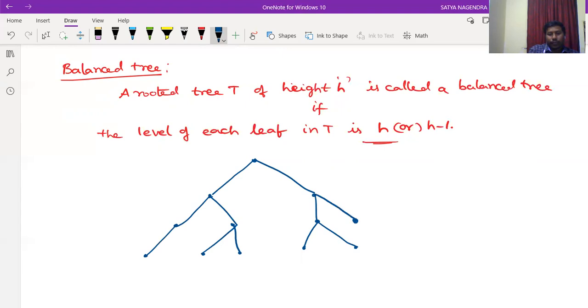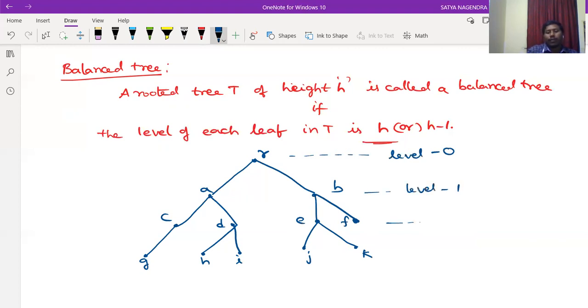I'm taking one more vertex here also. So this is a root node A, B, C, D, E, F, next G, H, I, J, K. Okay, so here you know the level of that root node is 0. For these it is level 1, these are at level 2 and these are all at level 3.